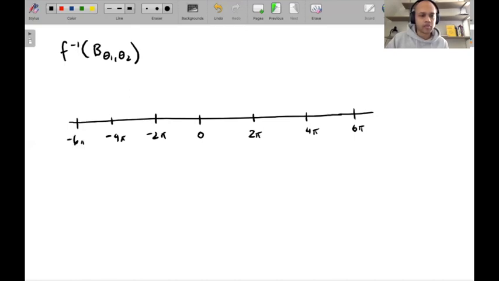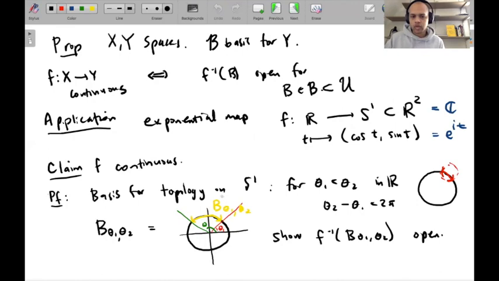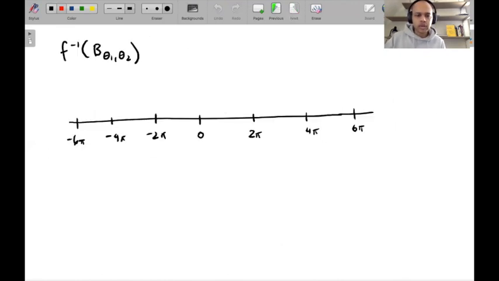So the inverse of B θ1 θ2 is a union of intervals. Let's say here's θ1 and here's θ2.